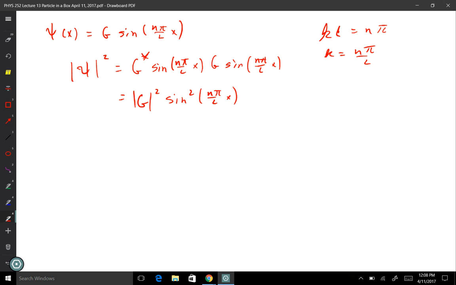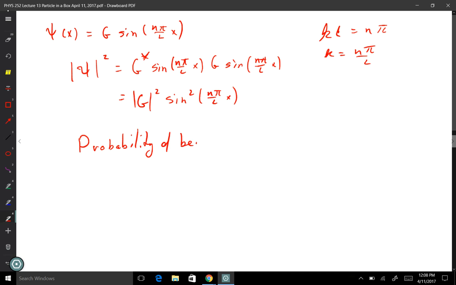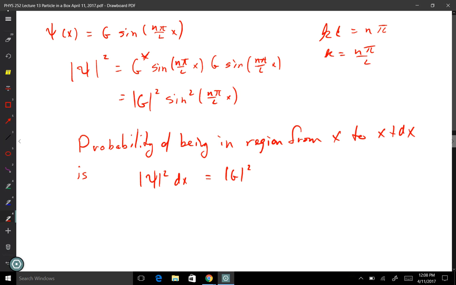If I want to know the probability of it being in some region dx, it's that.